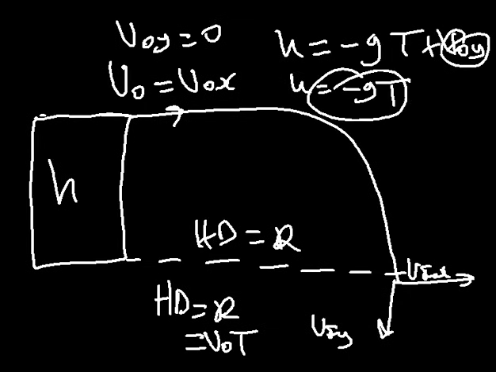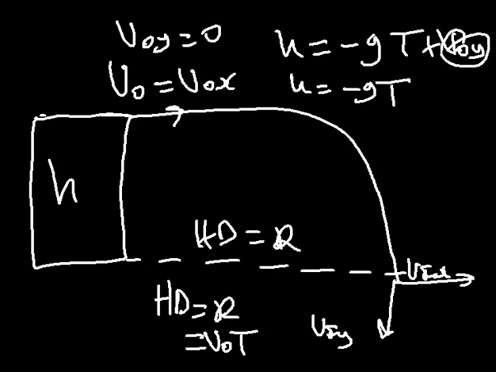This is the formula we can use to find the total time in case we have the height of the building. When substituting the height of the building, it's negative, so use the negative, and in the same case the acceleration due to gravity is negative.